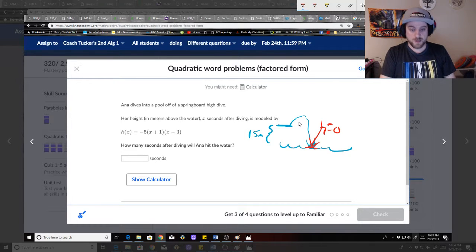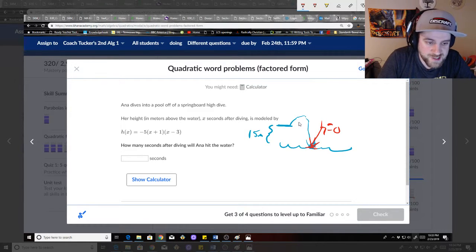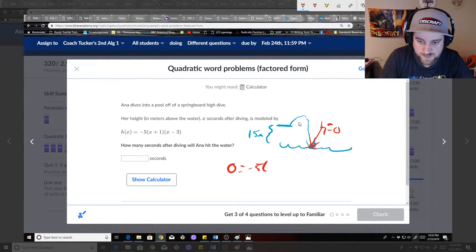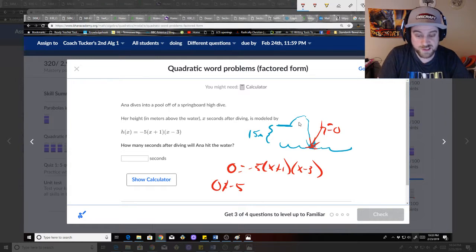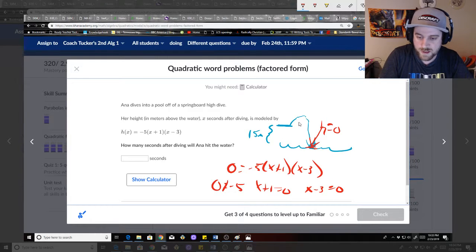So now when h is 0, we have 0 equals -5 times (x plus 1) times (x minus 3). Obviously 0 does not equal -5. So x plus 1 equals 0 and x minus 3 equals 0, so x equals -1 and x equals 3.